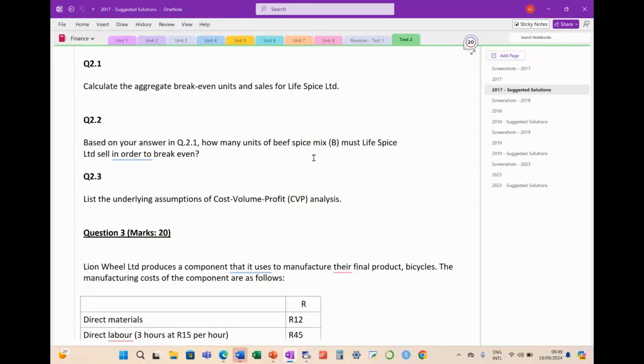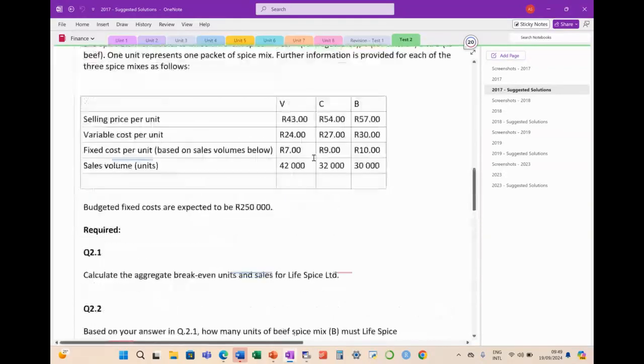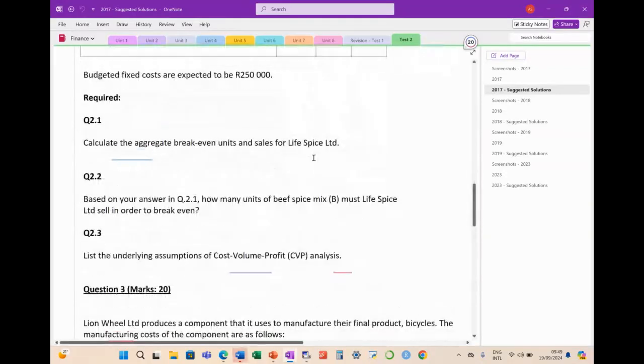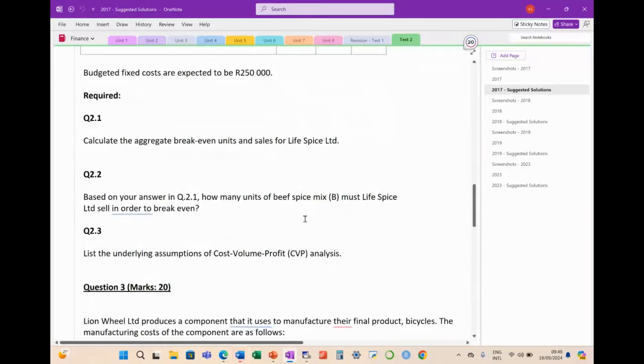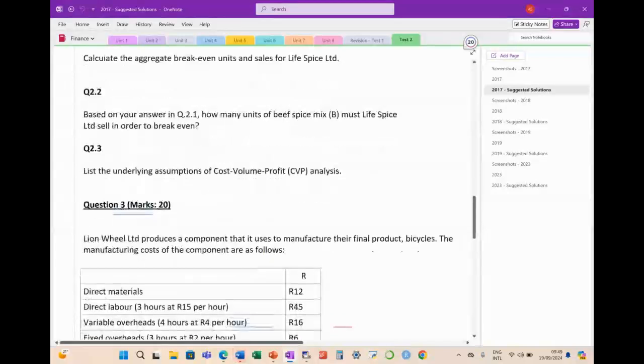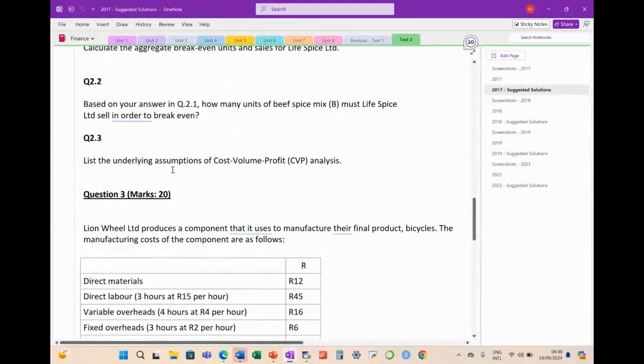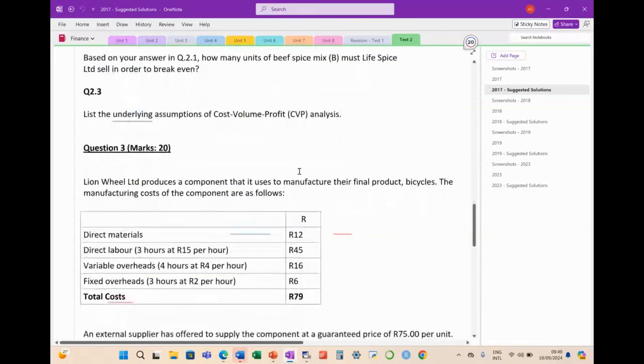So now we want specifically for unit B, how much must we have? So that's where you're going to use the sales mix and say, okay, we know our break even in units, but how many units are only for product B? And then obviously list the underlying assumptions of cost volume profit analysis. Again, just a theory question there.